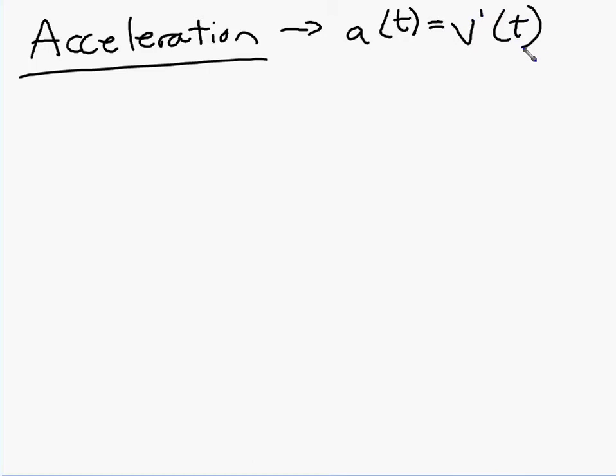So we have this progression from position to velocity to acceleration. It's the derivative of velocity, or couldn't I also say it is the second derivative of the position function?